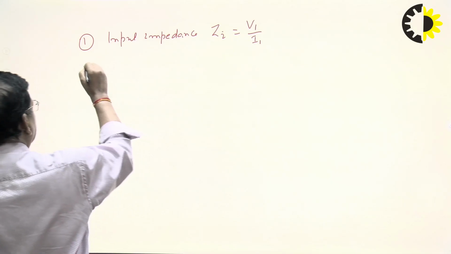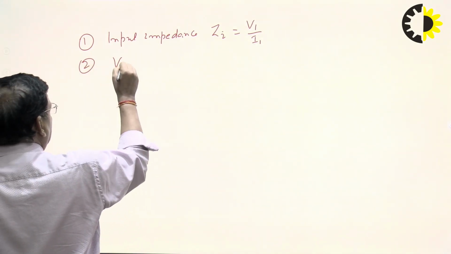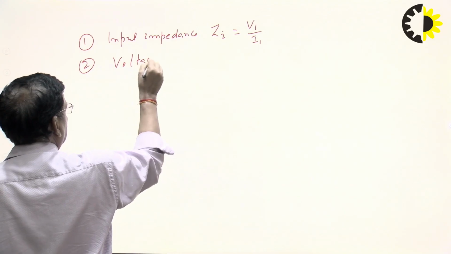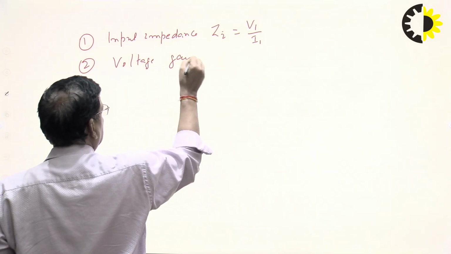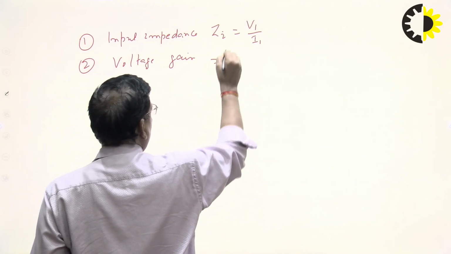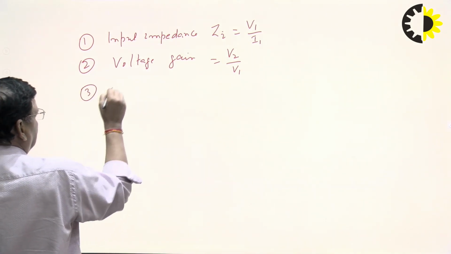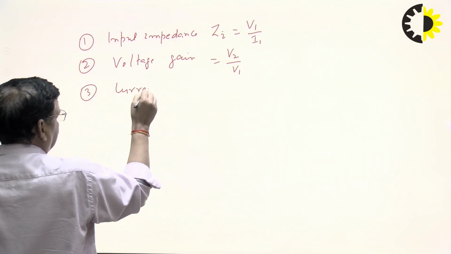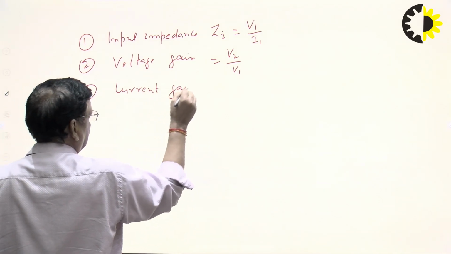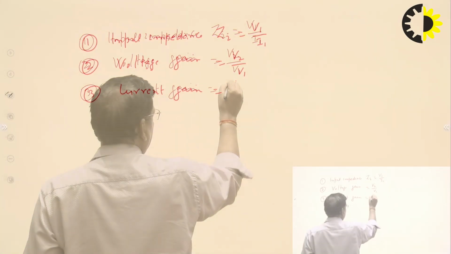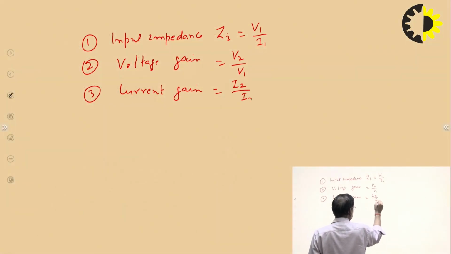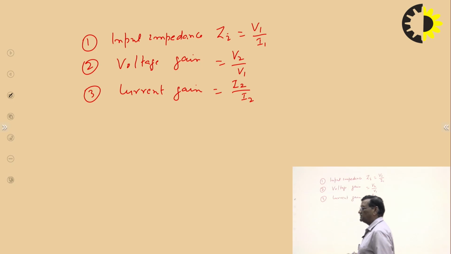Then we have to find the voltage gain, which is V2 by V1, and third, the current gain, which is I2 upon I1. So using H parameters, when the two-port network is terminated by impedance ZL, we have to find these three parameters: input impedance, voltage gain, and current gain.